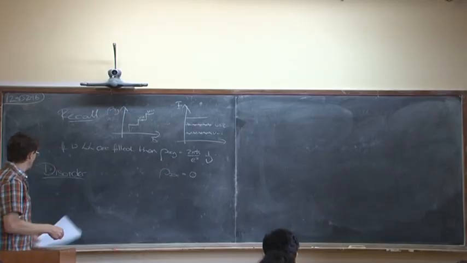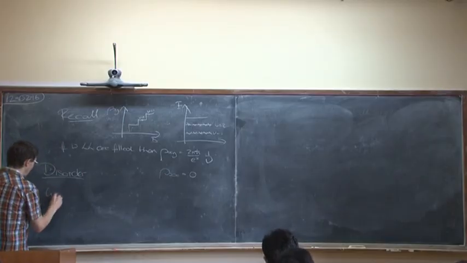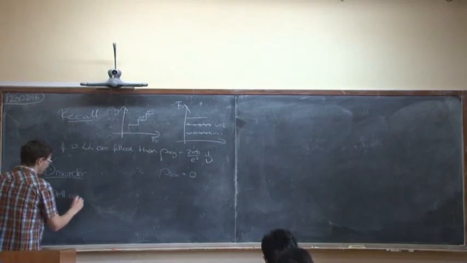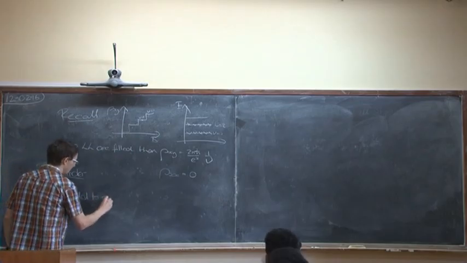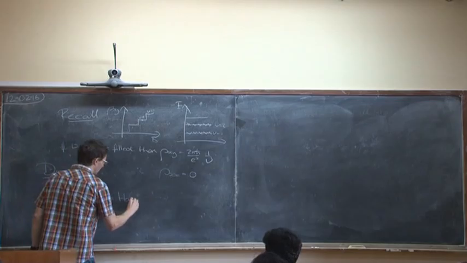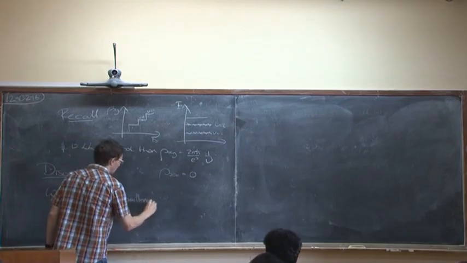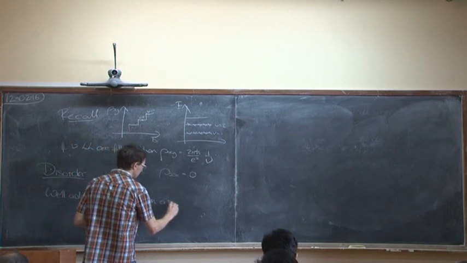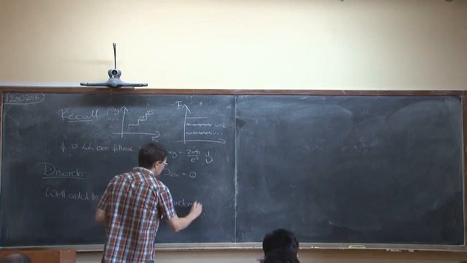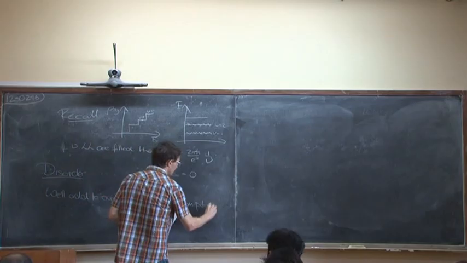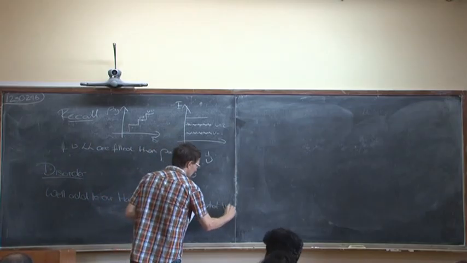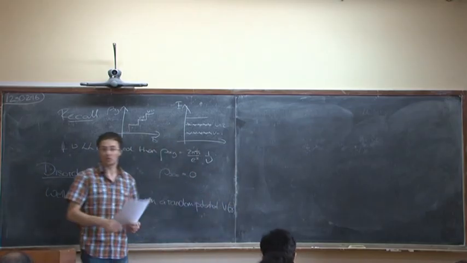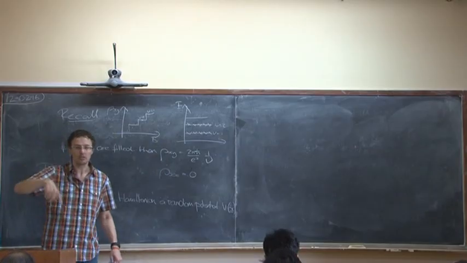Okay, so what's disorder? What it means is we'll add to our Hamiltonian just a random potential. It's just some crappy looking potential that goes up and it goes down.